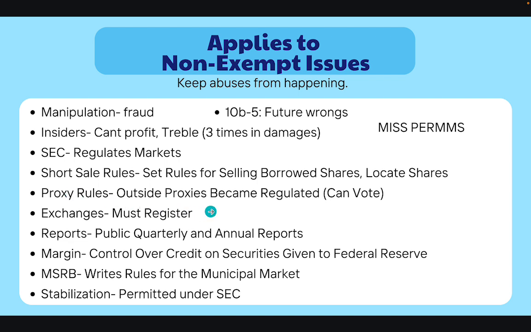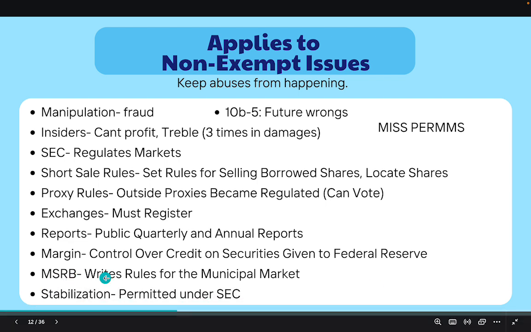Exchanges must register. Reports: they need to give public quarterly and annual reports. It's a way to make these companies more trustworthy. Margins: control over the credit on securities given to the Federal Reserve. The MSRB writes the rules for the municipal market, and stabilization is permitted under the SEC.